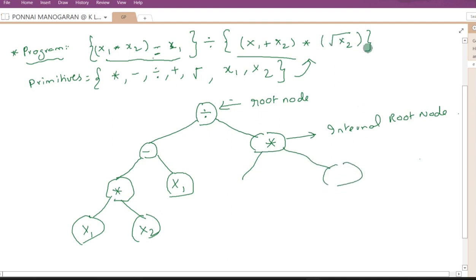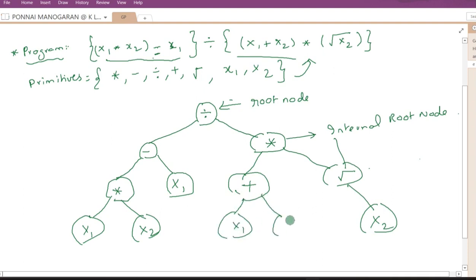For the right subtree, again you have a function, so a root function. This is also an internal root node. Plus symbol you can see, and then x2.